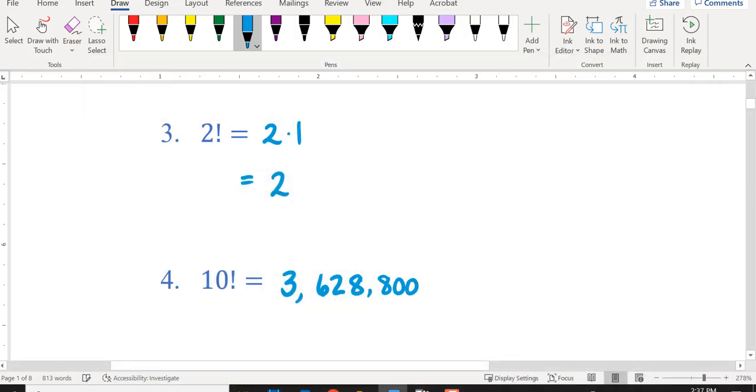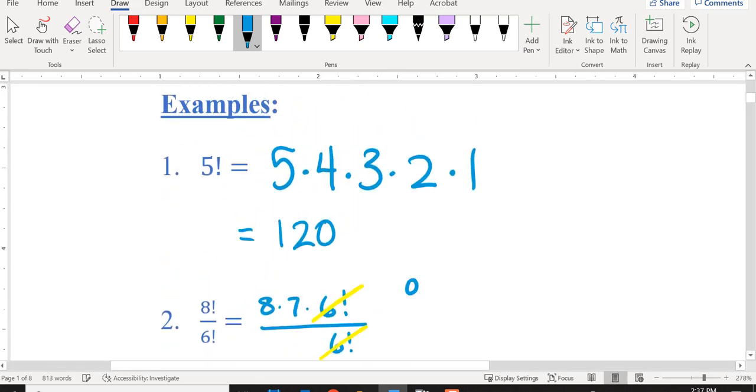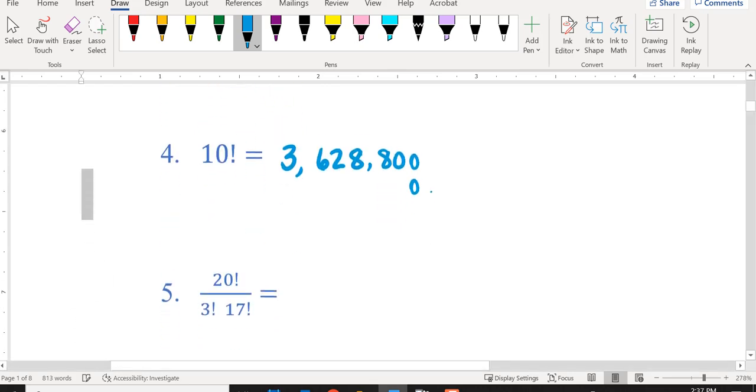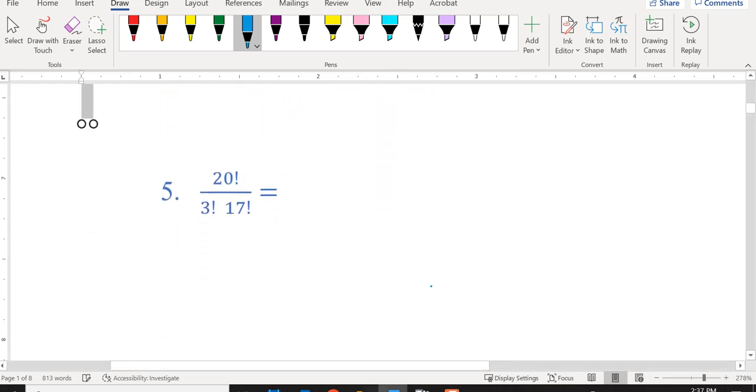Okay, something I want to make note of. Factorials grow very, very quickly. You saw that 5 factorial was 120, and yet 10 factorial is up to 3.6 million. Factorials grow fast.